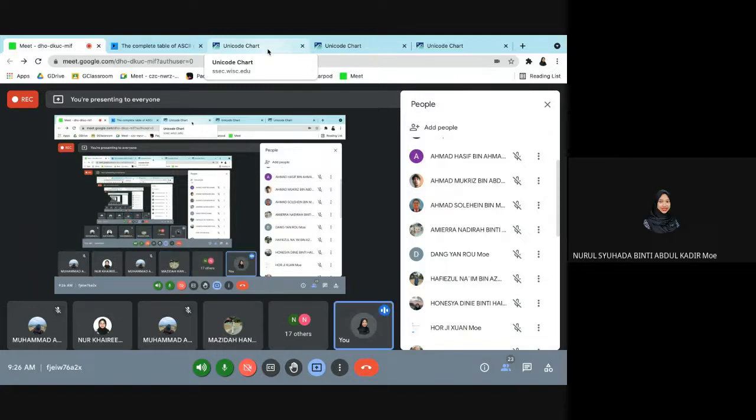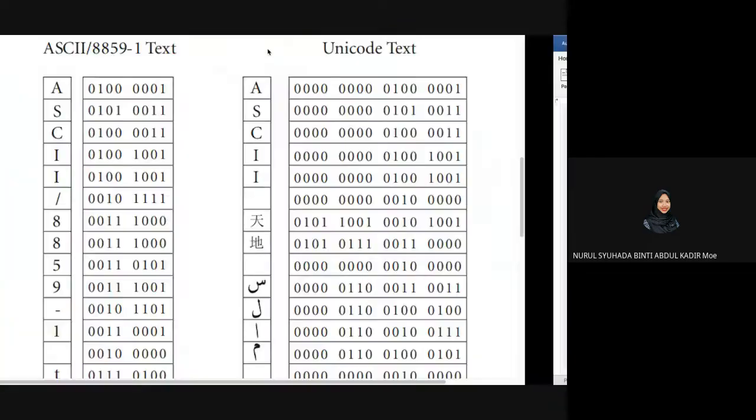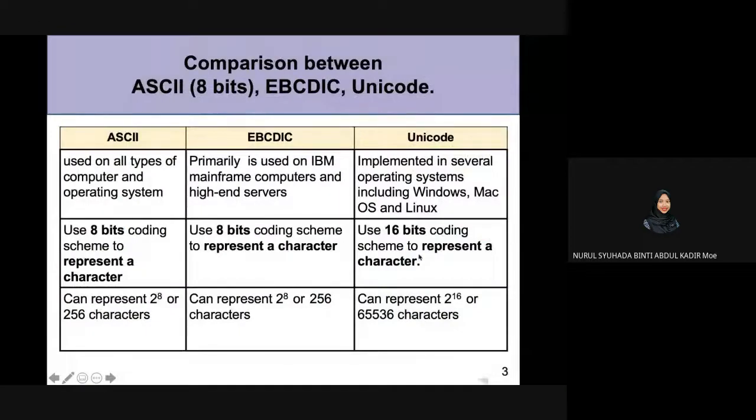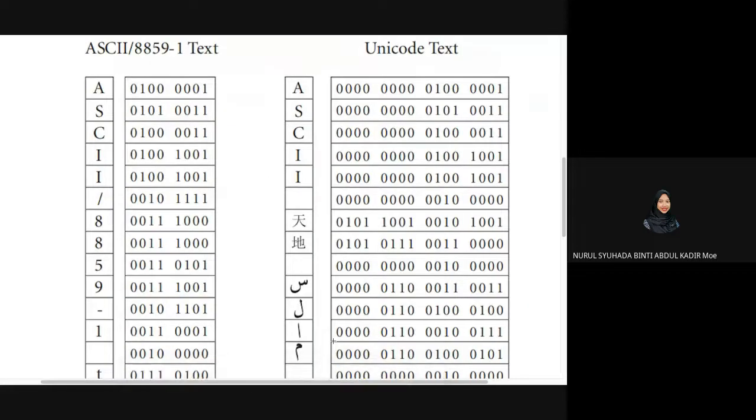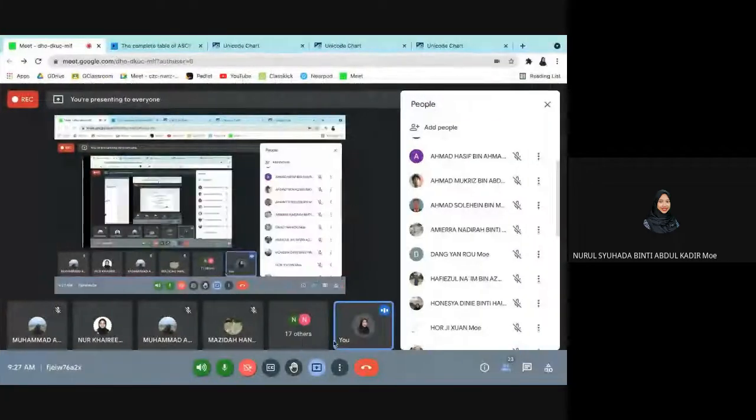So you say it like this, you copy this sentence. If they ask, what is the advantage of Unicode compared to the earlier coding schemes ASCII and ABCD? Then you say: Unicode uses 16 bits to represent a character, and can represent 65536 characters, which is capable of representing all the world's languages, compared to ASCII, which can only represent 256 characters.